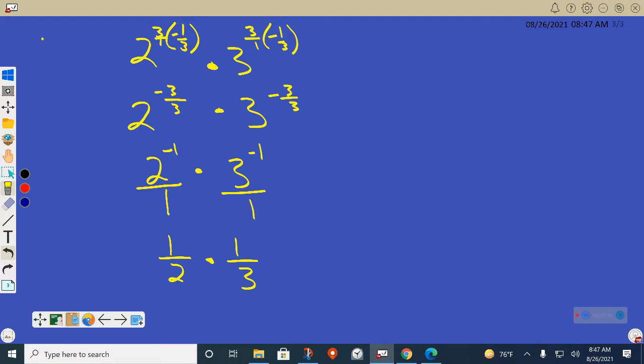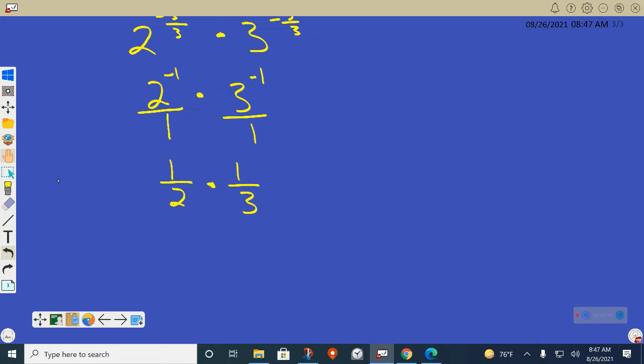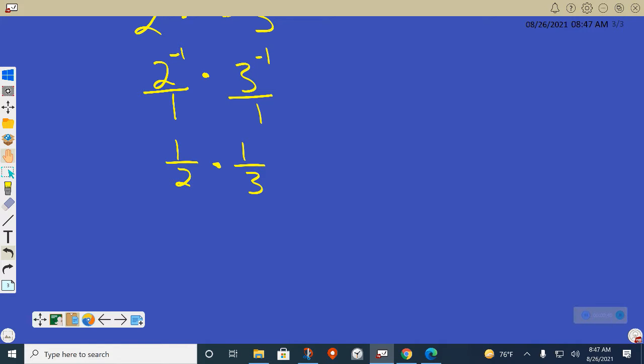Now I'm just multiplying 1/2 by 1/3 in the end. Numerator times numerator, denominator times denominator, so that's going to be 1/6.